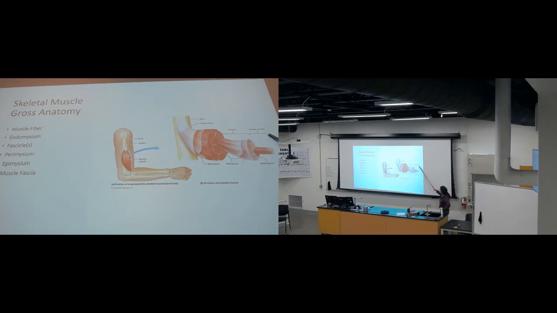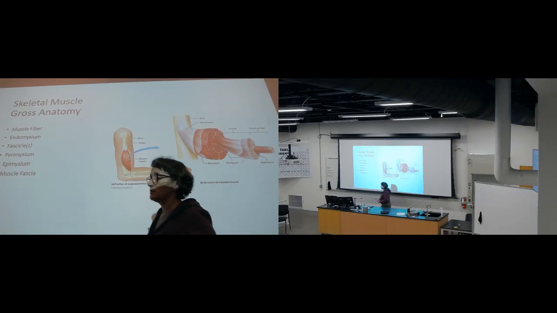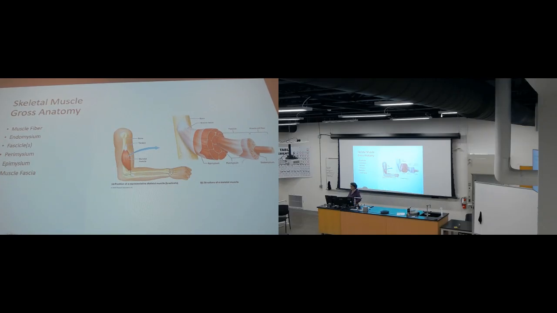Endo surrounds the muscle fiber. Perimysium, the fascicle. Epimysium, the entire muscle. And outside of the epimysium, you have an external fascia, and then you have your tendon that connects this muscle into a bone in some cases, not always.